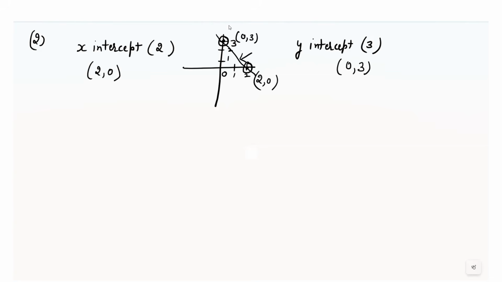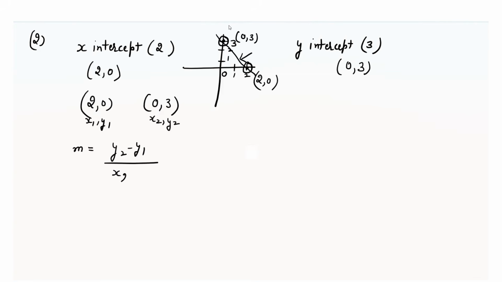For that, we will take these two points and write x1, y1 for this one and x2, y2 for this one. Now we have to find the slope using the formula y2 minus y1 over x2 minus x1. So y2 is 3 minus y1 which is 0, over x2 which is 0 minus x1 which is 2.